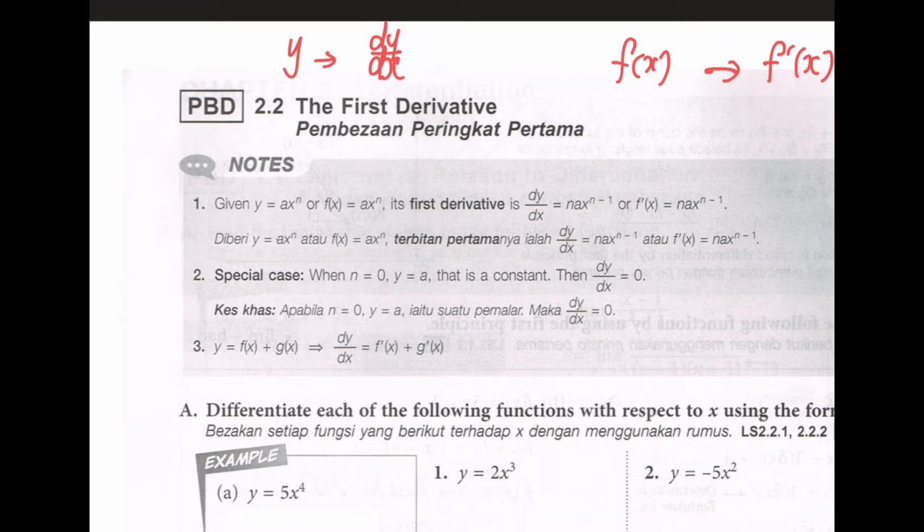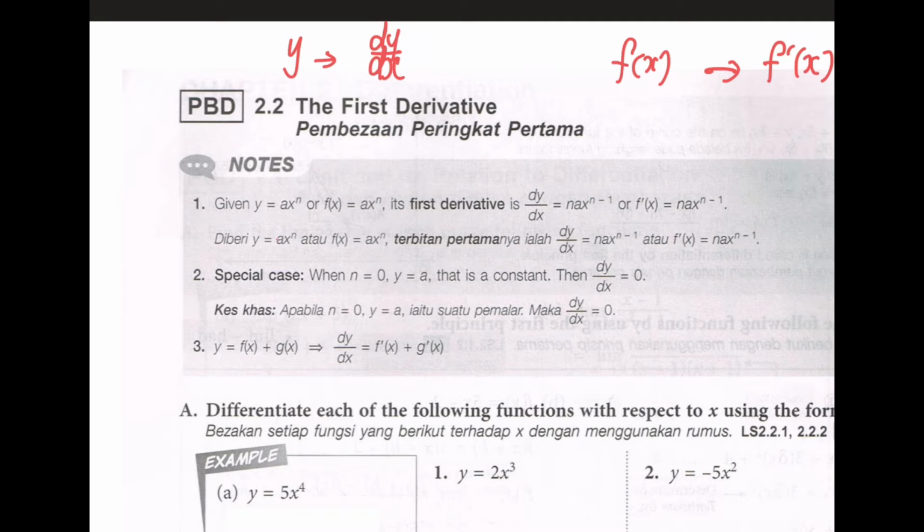So basically there are two steps. The first step is the power goes in front and multiplies. The second step, the power minus 1, and that becomes the new power. So two steps.